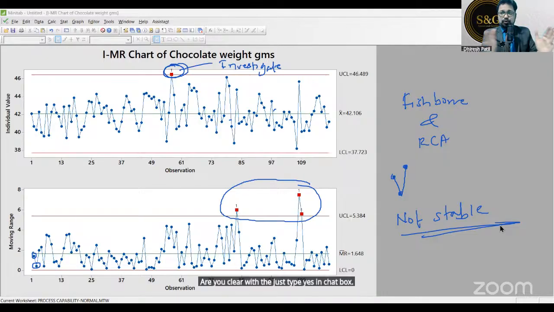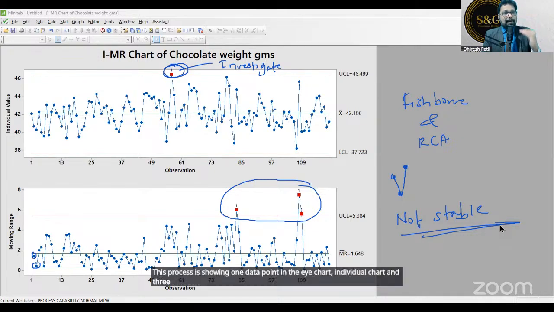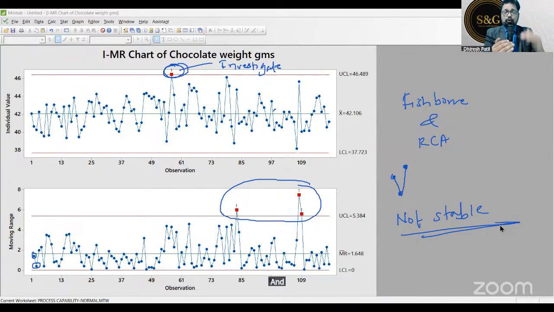If I individually calculate, this process is showing one data point in the I chart, individual chart, and 3 data points in the MR chart going beyond control limits. So this process is not stable, requires investigation, root cause analysis, and we have to take action to bring the process into stability. Clear, everybody? So this is called IMR chart.